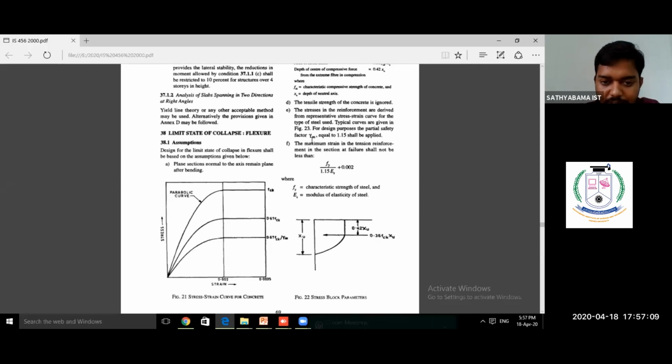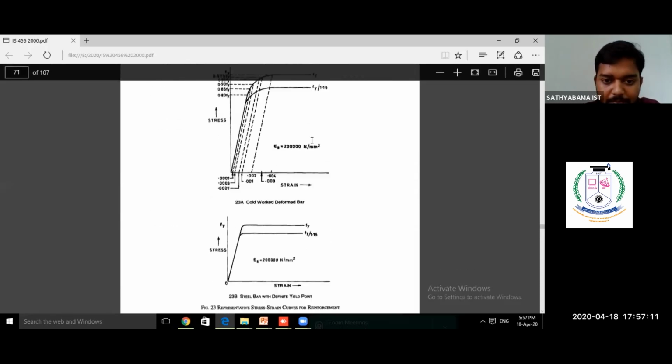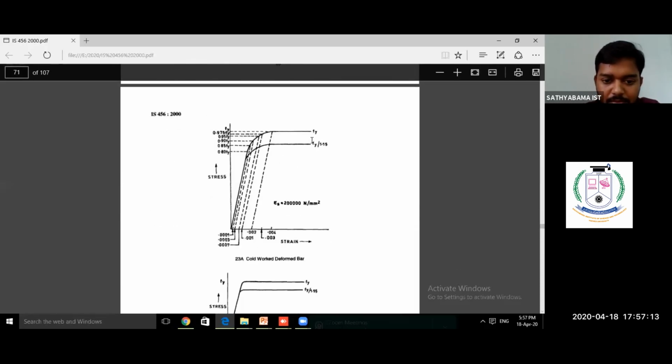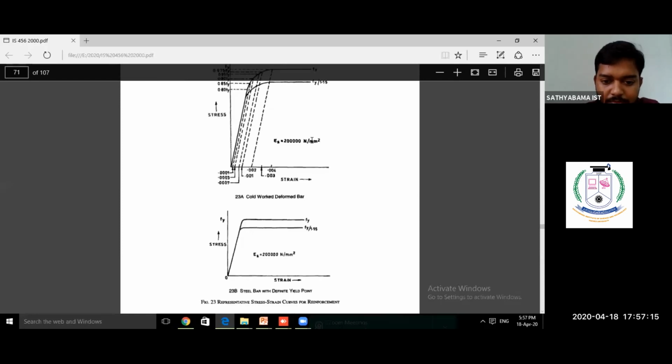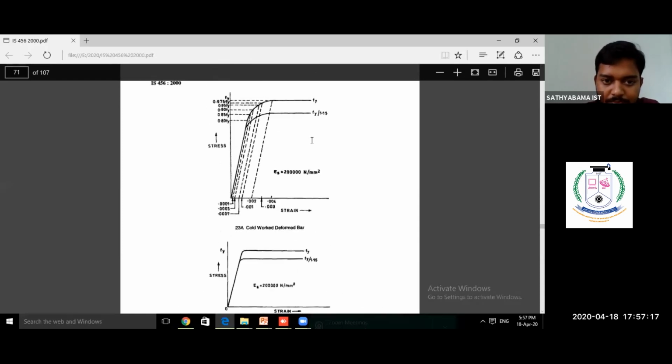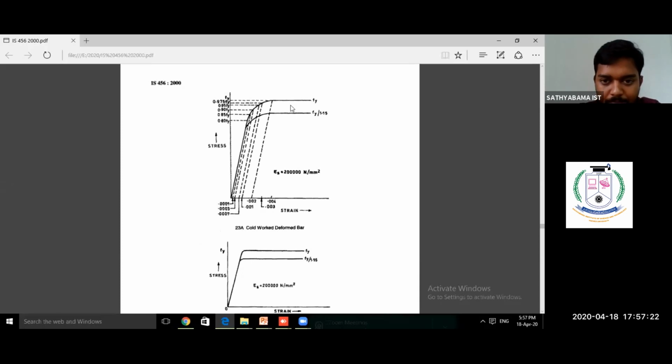Now, if you see figure number 23, this is the actual strength of the steel. The first curve belongs to the actual strength of the steel, fy, and the second curve belongs to the strength of the steel applied with partial safety factor gamma m 1.15.